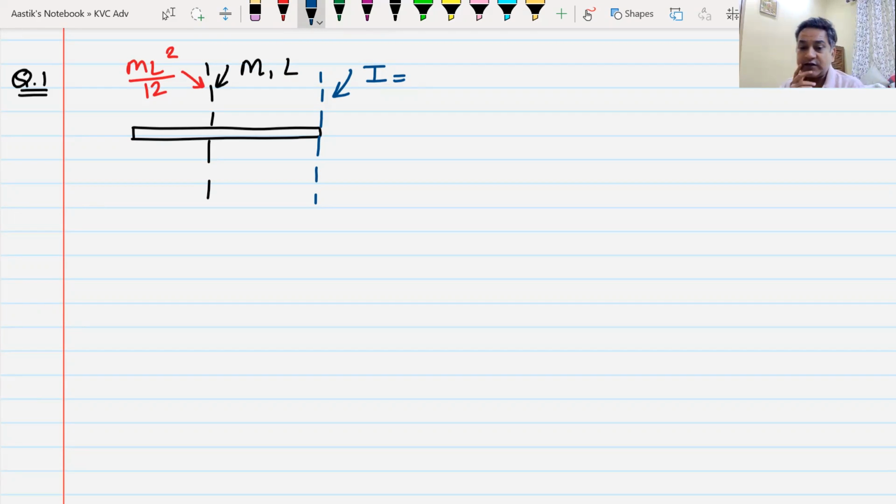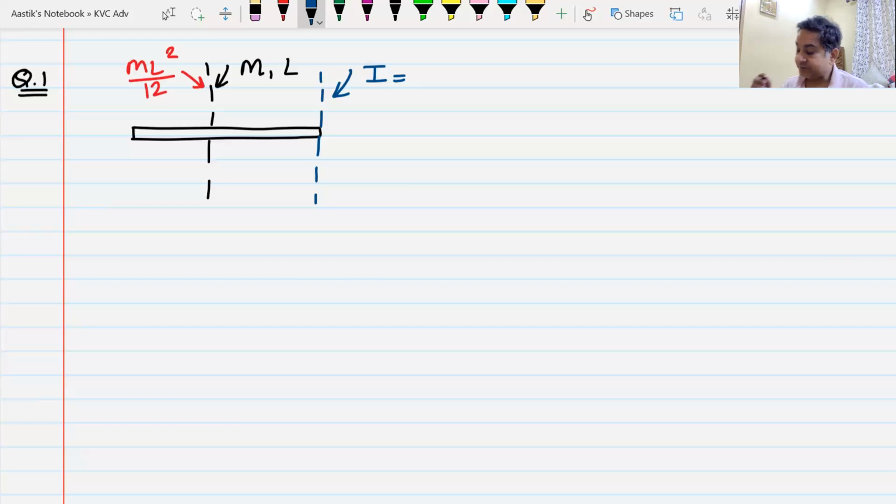What will be the moment of inertia about this blue axis? mL square by 3, sir.